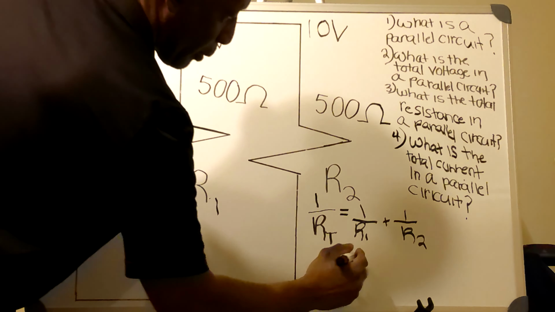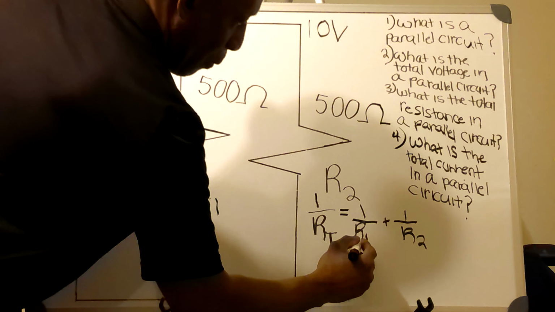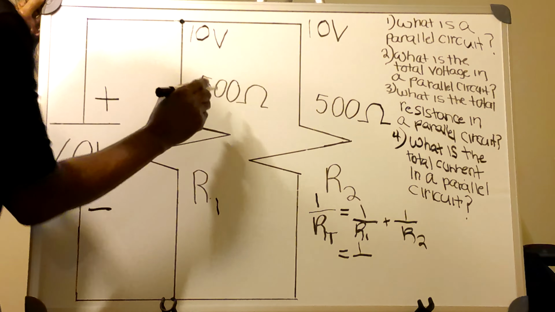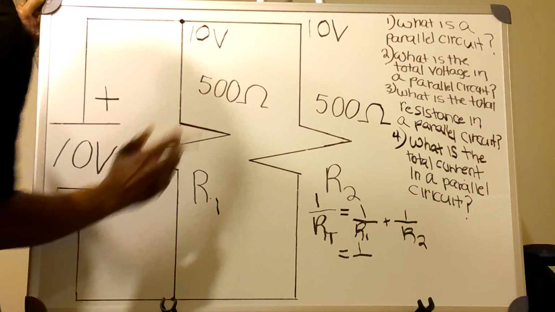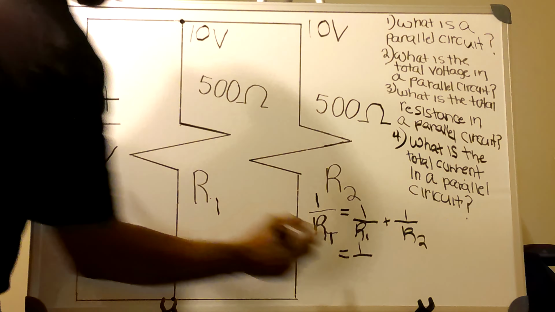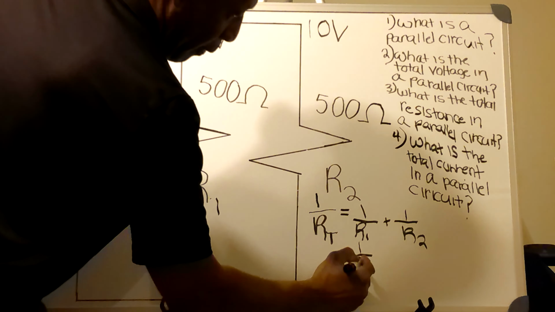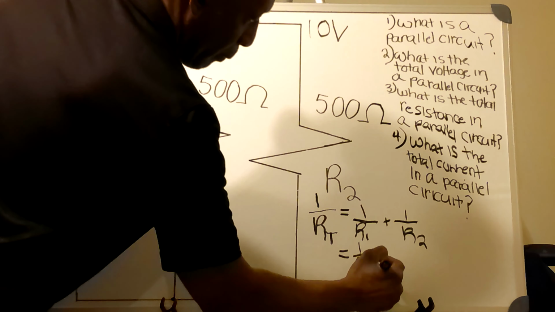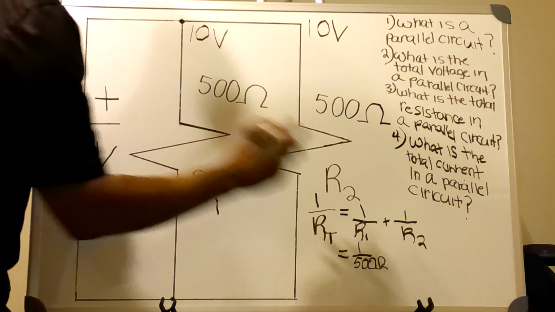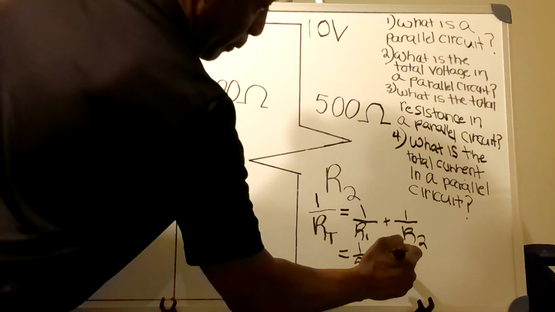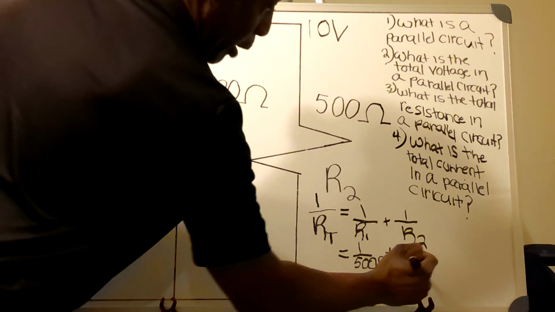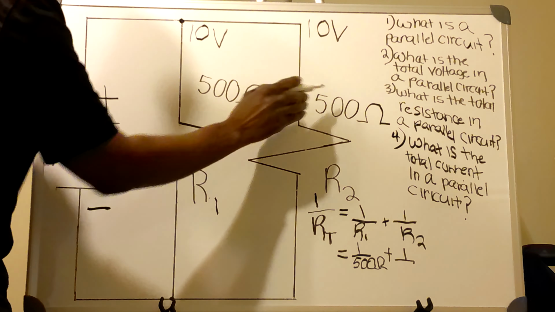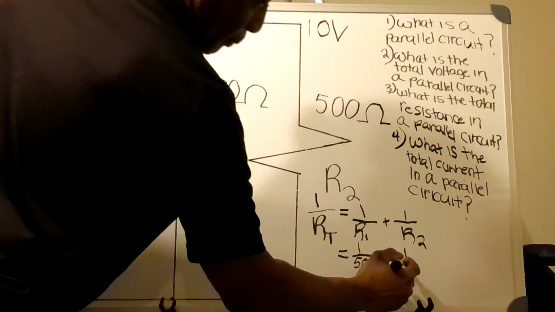That equals 1 over 500 ohms. R1 is 500 ohms. Plus 1 over R2, which is also 500 ohms.